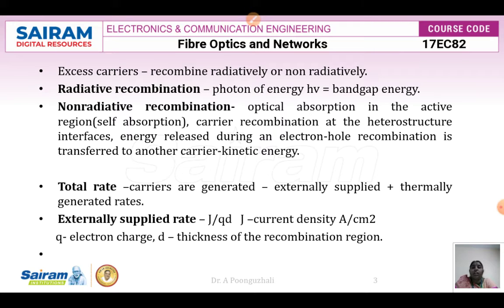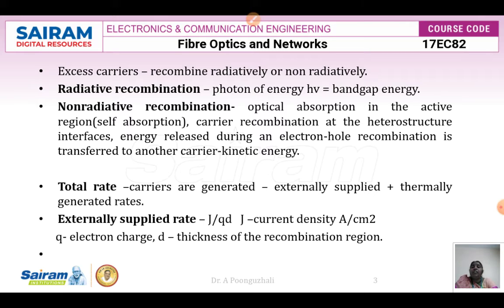it can recombine non-radiatively. So if it is going to recombine radiatively, in that case a photon of energy h mu is going to be emitted and that photon of energy h mu is going to be equivalent to the band gap energy there.